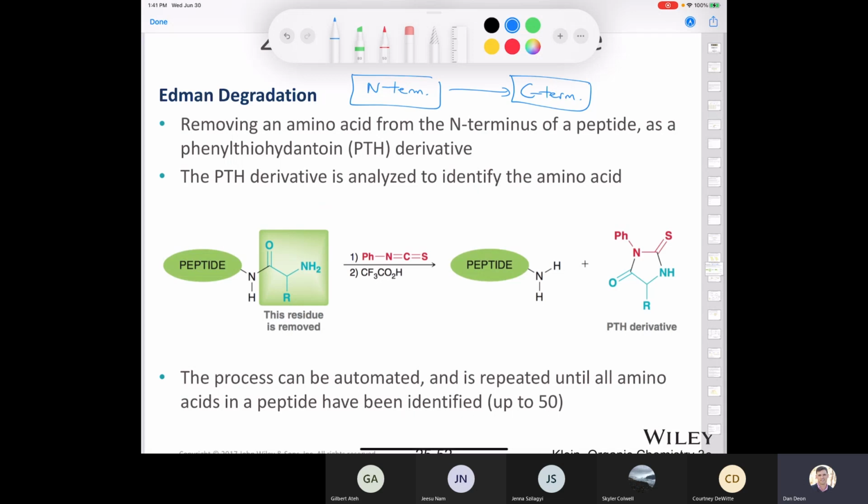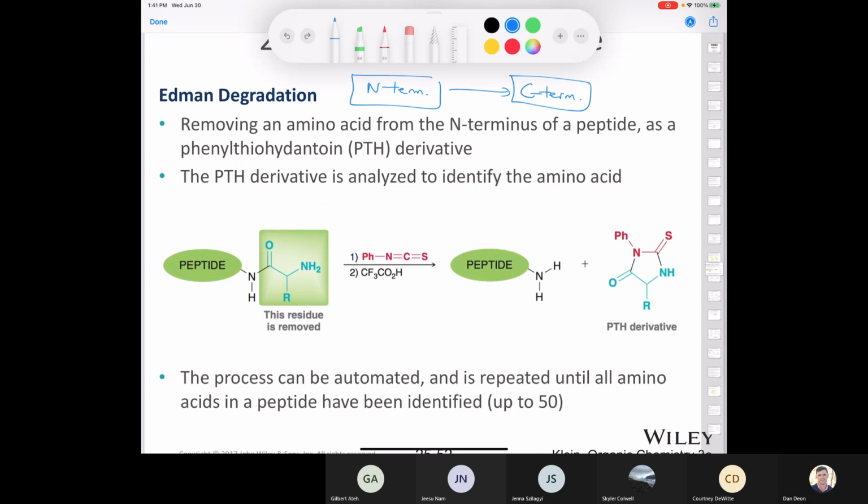So you're removing something from the left-hand side, so to speak, of the peptide, and you convert it into a phenylthiohydantoin, or a PTH derivative. Okay, and then what you would do is you would analyze that PTH derivative, maybe by mass spec, in order to identify the amino acid.